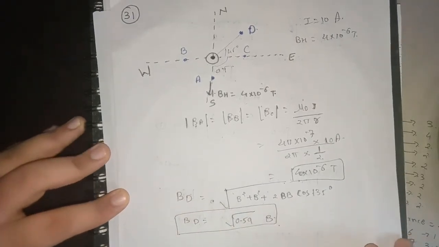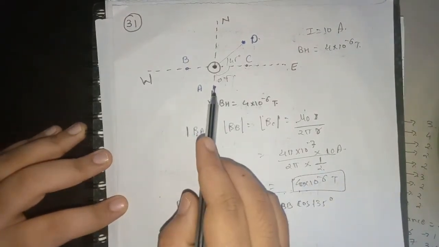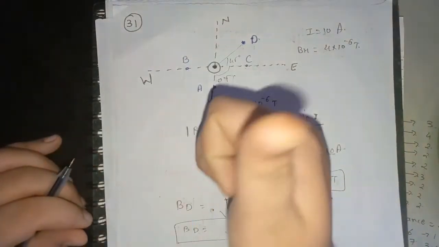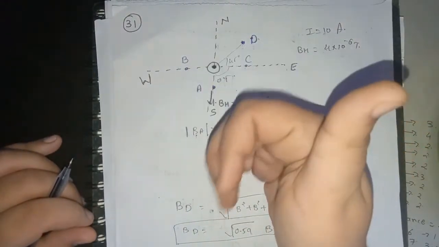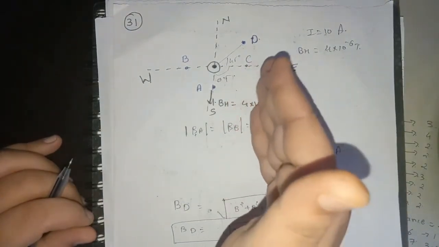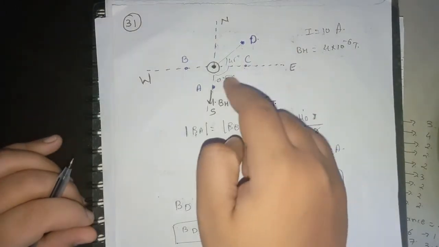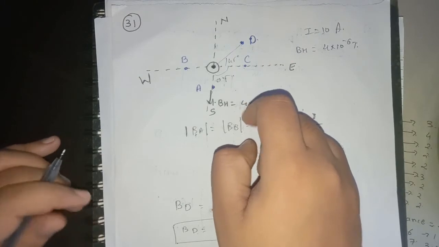Now checking the direction of magnetic field at different points. Here the current is in upward direction, so the magnetic field will be in this way. At point C the magnetic field is in upward direction, in north direction, and the horizontal component of magnetic field is in downward direction.